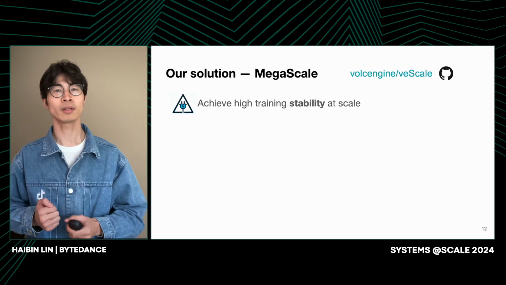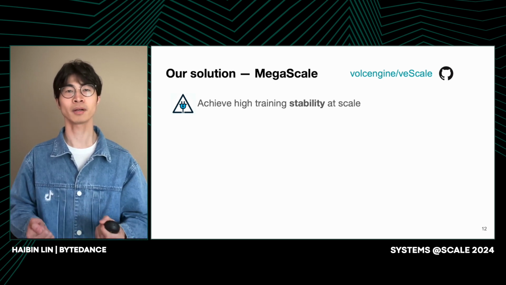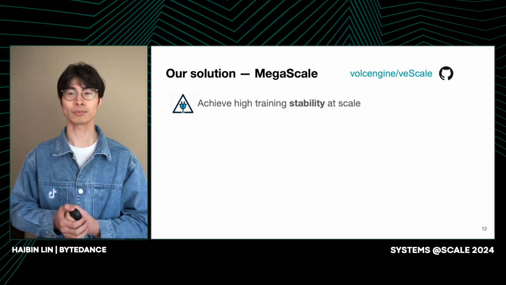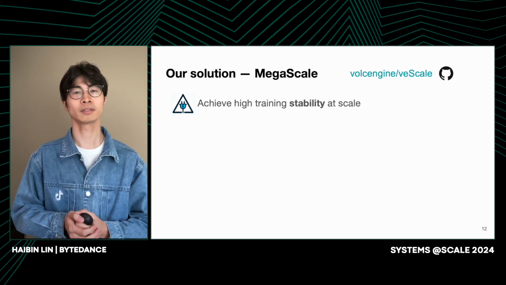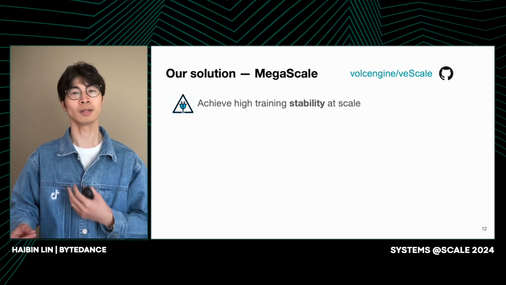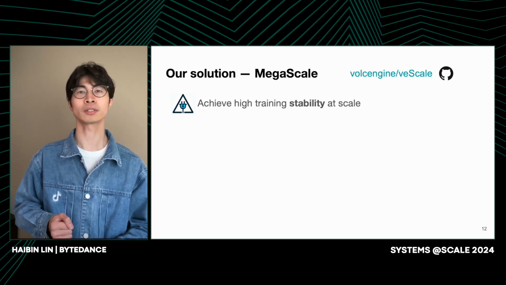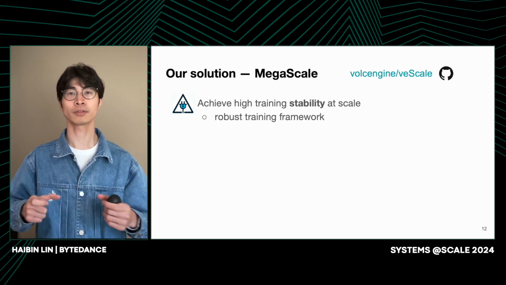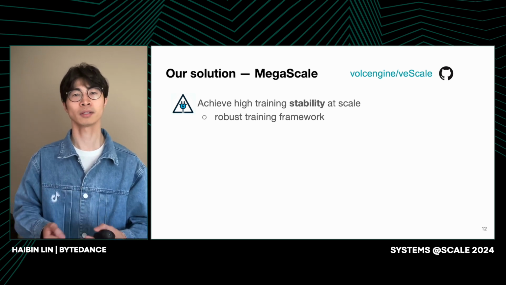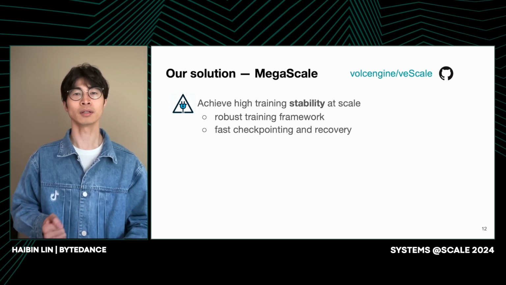Cool. So now we talked about our efforts for the efficiency part. Now let's talk about the stability issues in the cluster. We hit this problem once we get more than 3K or 4K GPUs in a single training job, and it becomes really severe for more than 10K. The very important thing we do is first to develop a robust training framework, which handles GPU faults automatically. And of course, we need to handle the checkpointing as well.